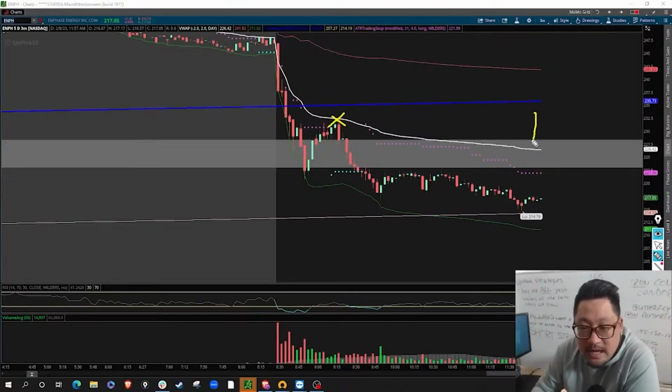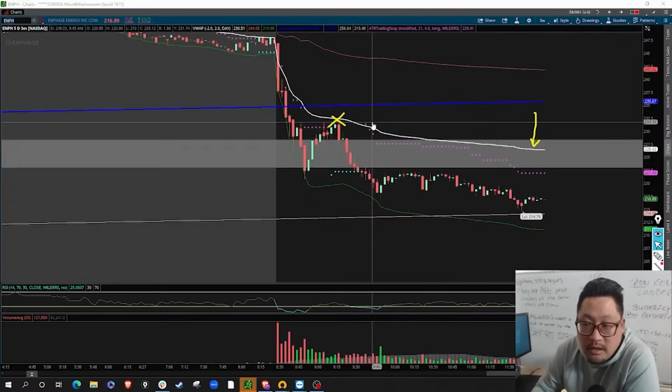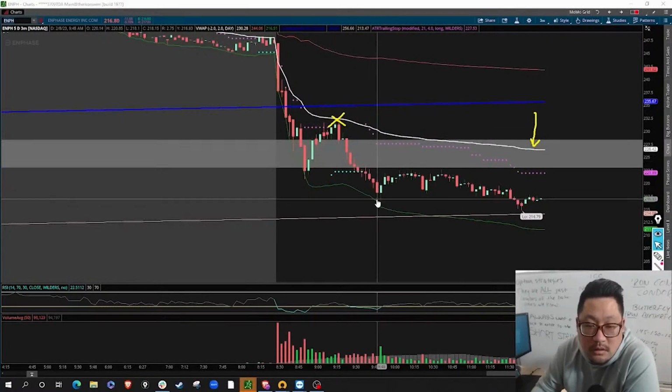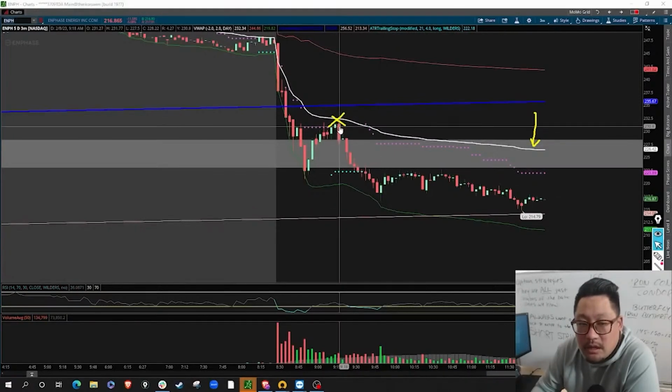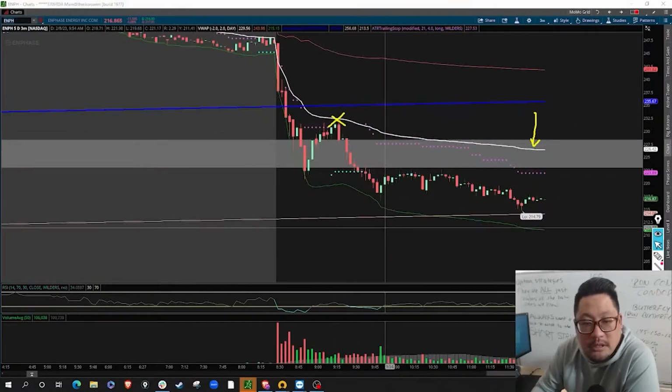If a stock can't get above that VWAP, aggressive bearish. Well, at that moment, the stock was trading right around 231. About 30 minutes later, it got down to 216. Again, I'm not saying you're going to get bomb outs like this every day, but it was clear cut and extremely predictable.